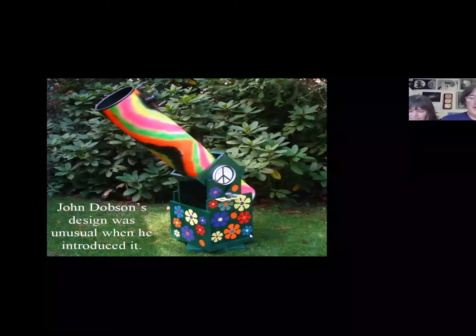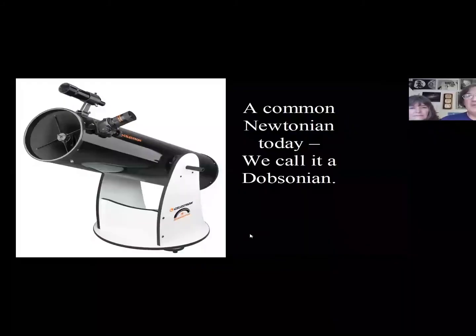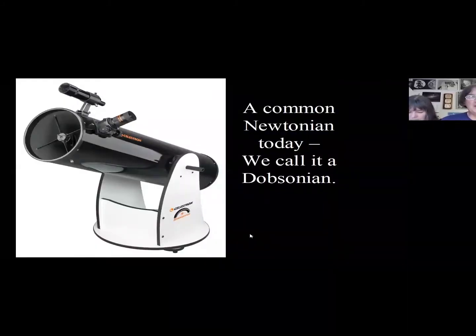And that idea works so well that basically any common Newtonian telescope today is mounted on a Dobsonian mount. I have a hard time finding a Newtonian that's not on a Dobsonian mount, unless it's a little cheap hobby killer that's still put on an equatorial mount.